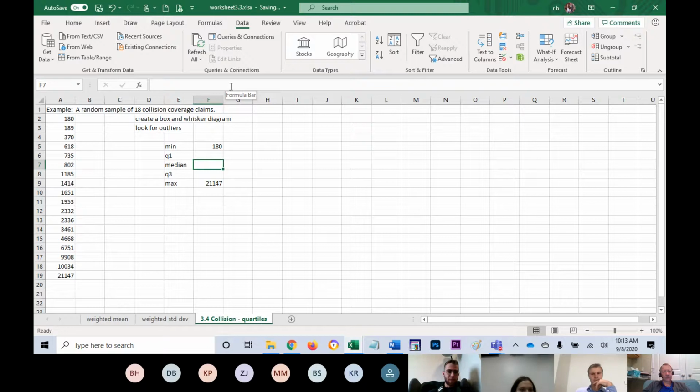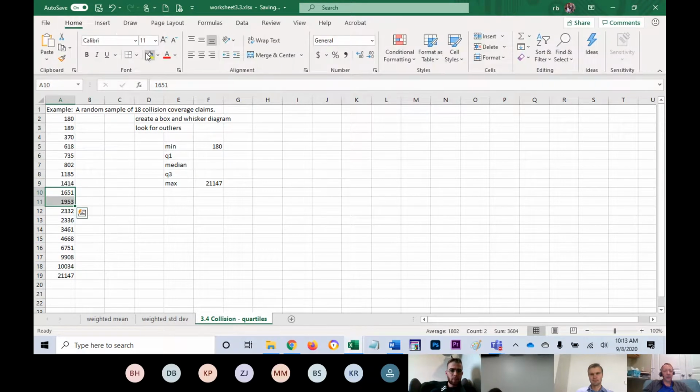So you do 20, it'd be number 10. Be careful because you can't really trust these. We've got 18 of these, right? 18 plus 1 is 19. Okay, so 19 divided by 2 is 9.5, right? So 1, 2, 3, 4, 5, 6, 7, 8, 9.5.